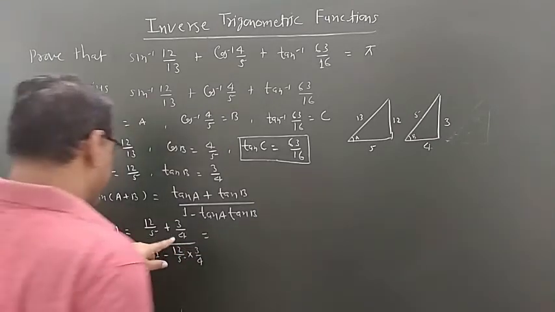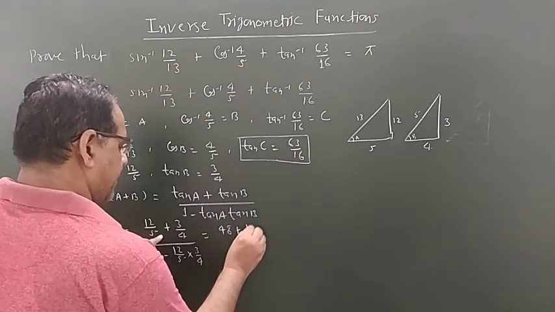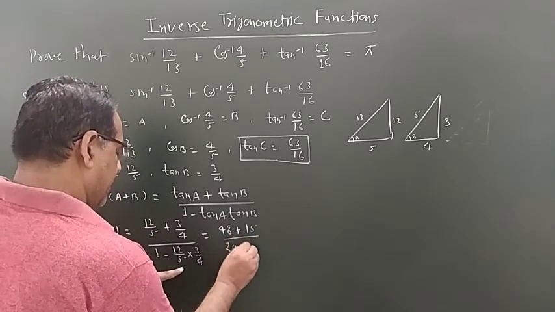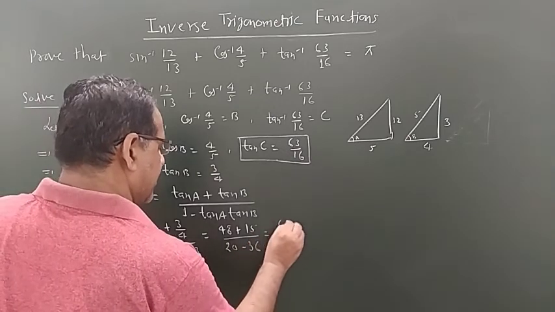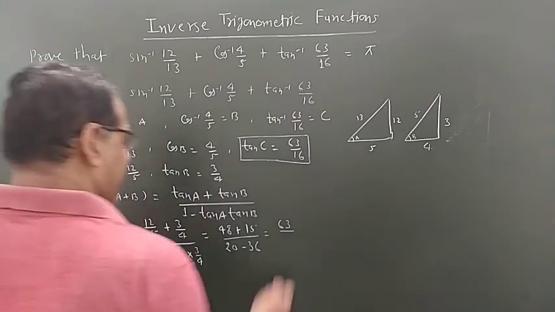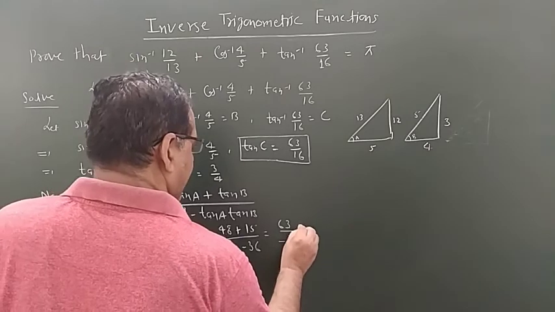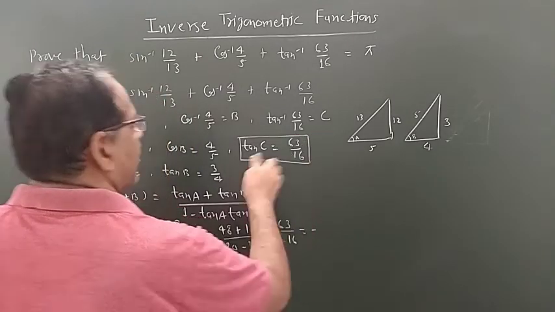This implies 48 plus 15 upon 20 minus 36. That means 63 upon 16 minus 16, equal to minus tan C.